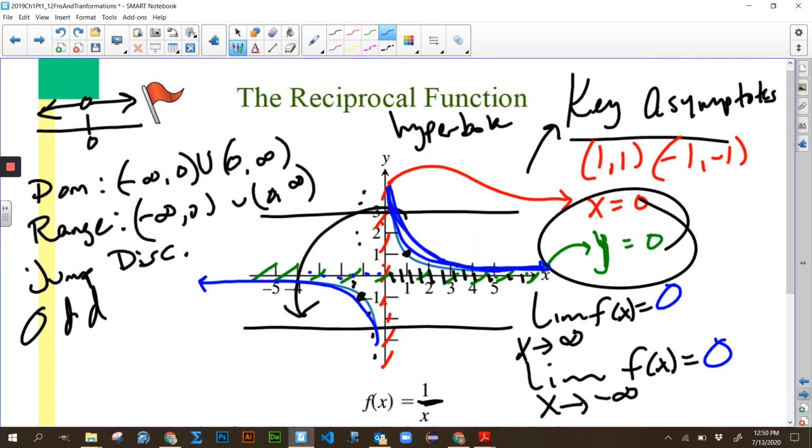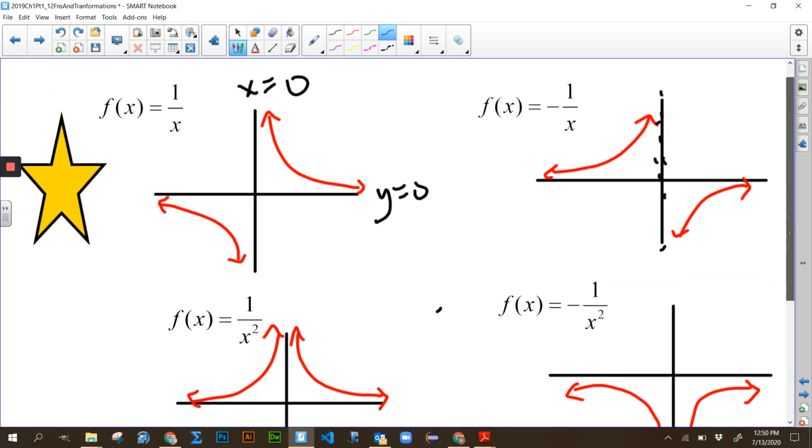Now, there's a couple different reciprocal functions you've worked with hyperbolas in the past. This is the 1 over x one. I wonder if it might be a good idea for you to put these on there as well. So here's the negative. F of x equals 1 over -x. That just flips the quadrants. You have the same x and y asymptotes.